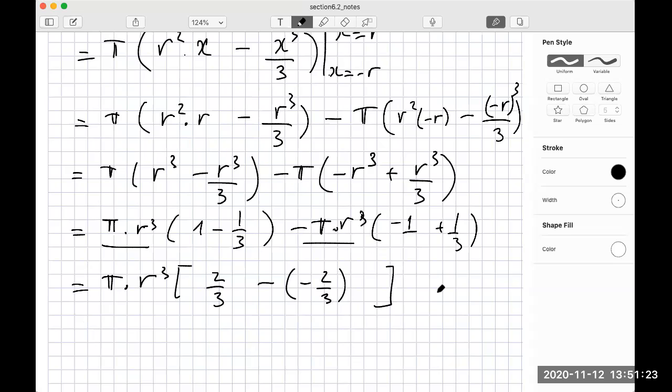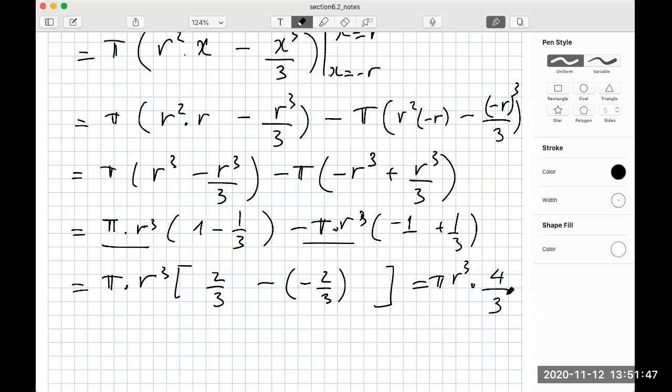It will be pi R cubed, and this will be plus 4/3, right? Just numbers. So you can do it your own way. It's up to you, but factor it, make it easier.